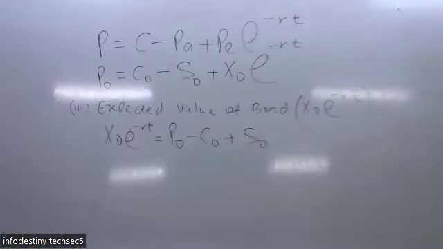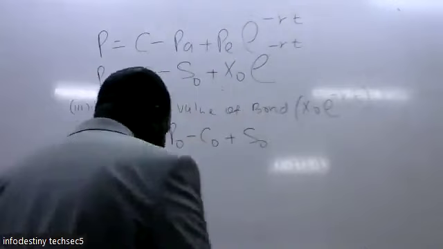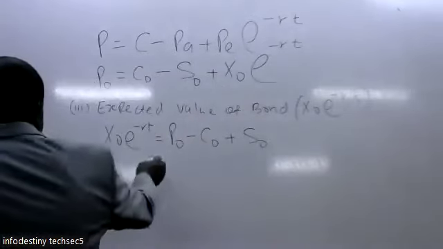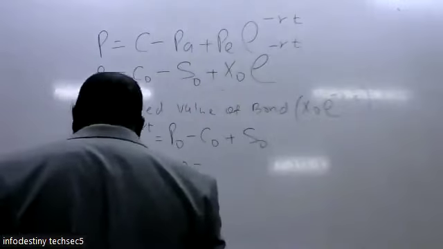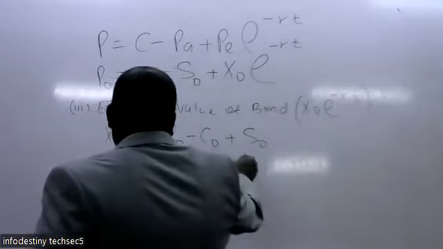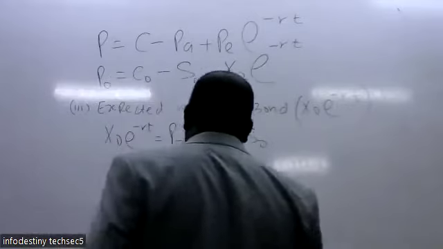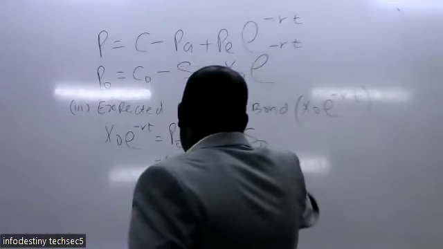So you simply make that portion the subject. PO, the one that is given, is 6.80. CO is which figure? 4.5. Then SO is which value? 67.82.